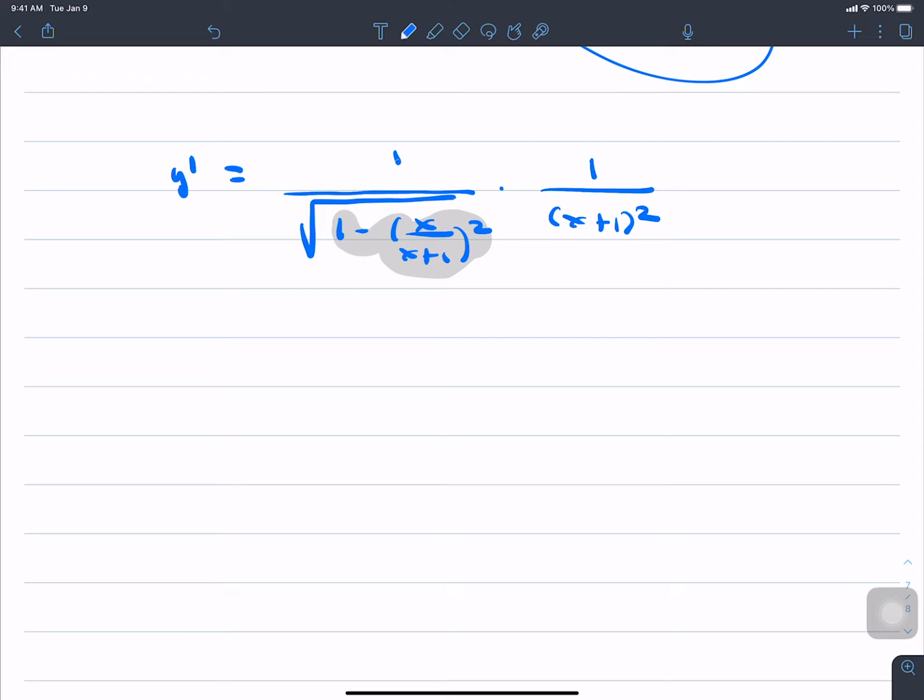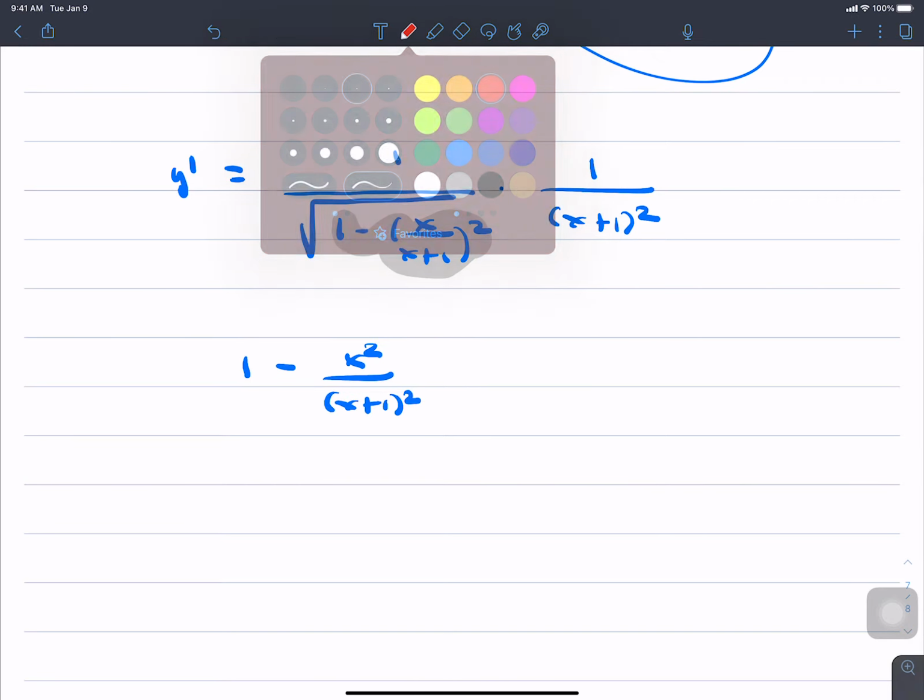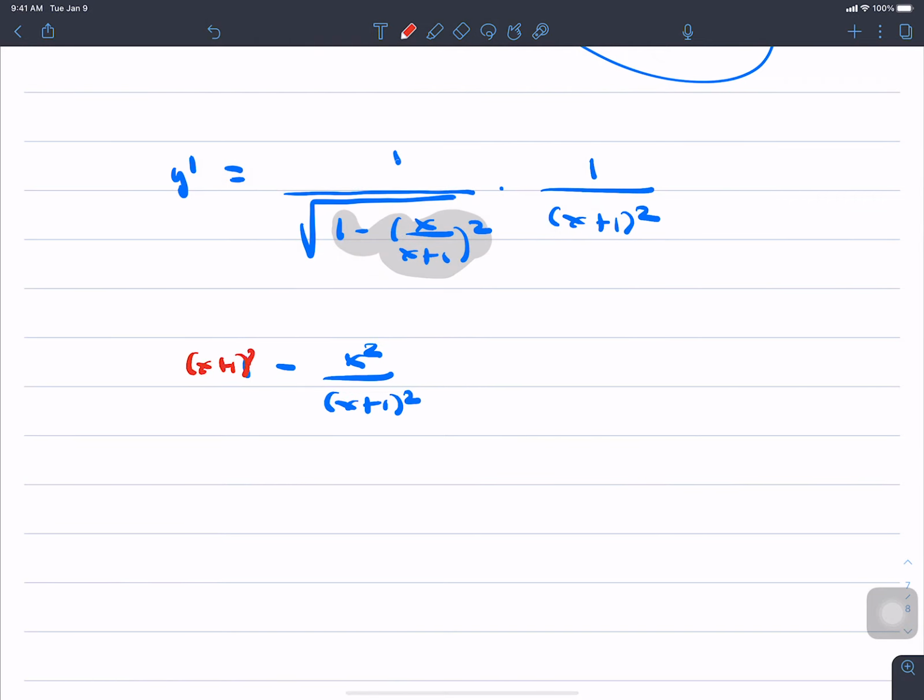And what happens there, under the radical, let's focus on this expression here. We have 1 minus x squared over x plus 1 squared. And I'm going to replace this with x plus 1 squared over x plus 1 squared. So we can actually combine those terms.